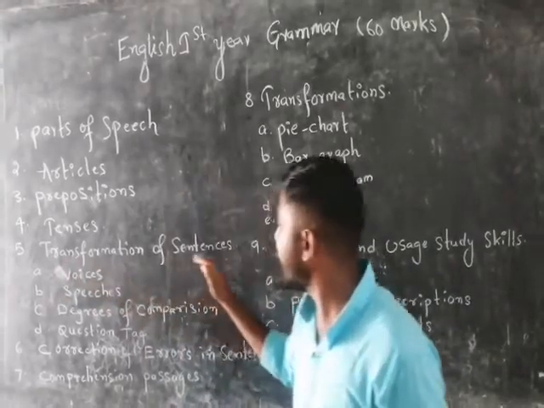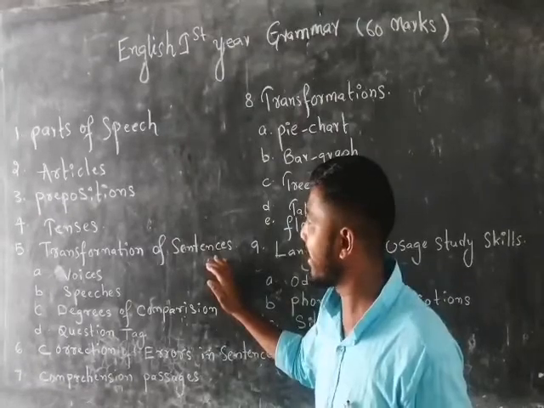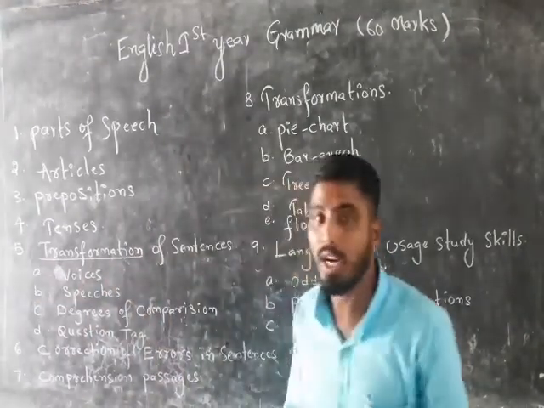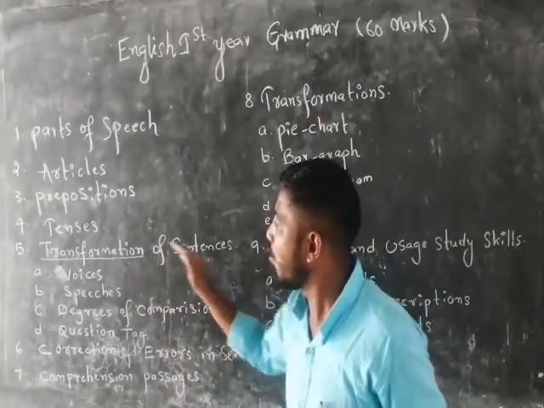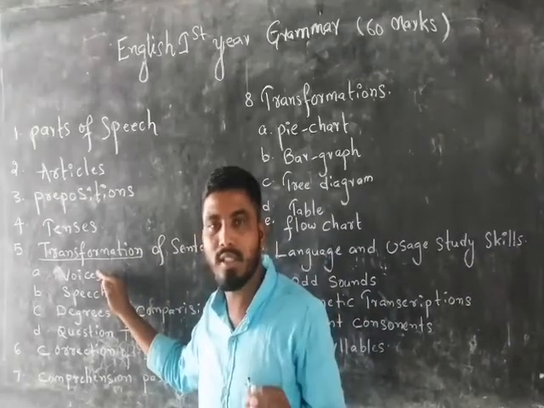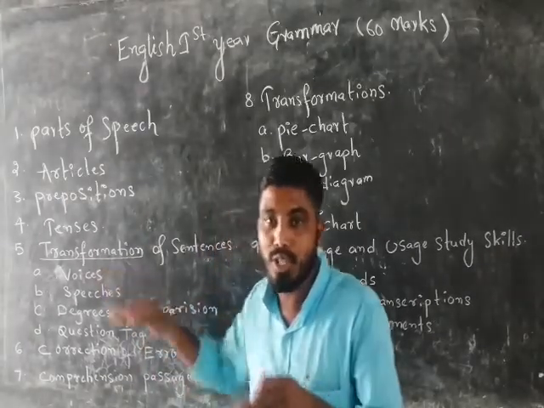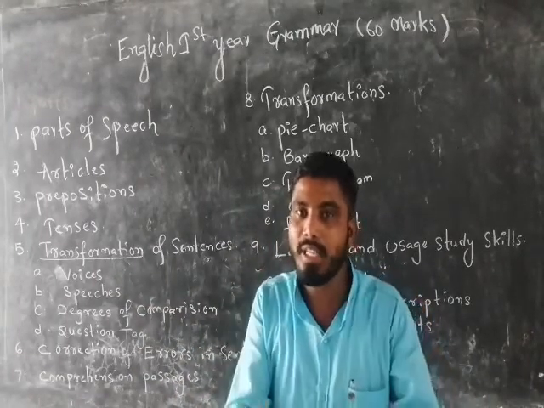And transformation of sentences. This is very important. Transformation means to transform. Voices, for example, active voice and passive voice. What do we do in these sentences? We change them from active voice to passive voice. We transform the sentence from active voice to passive voice.